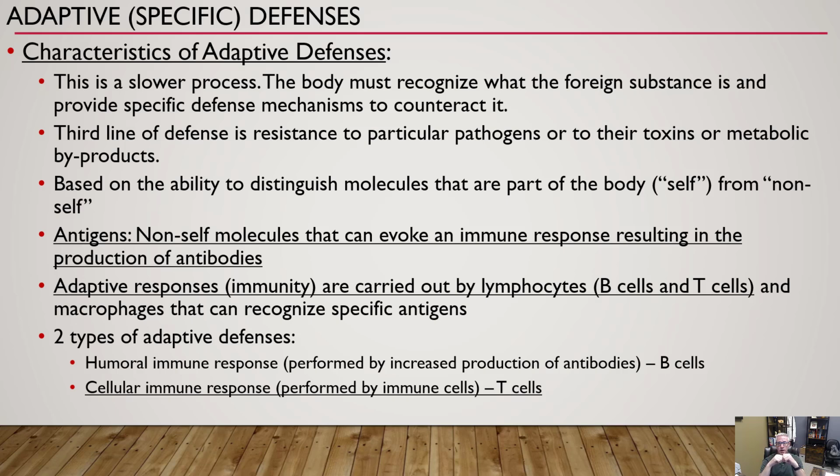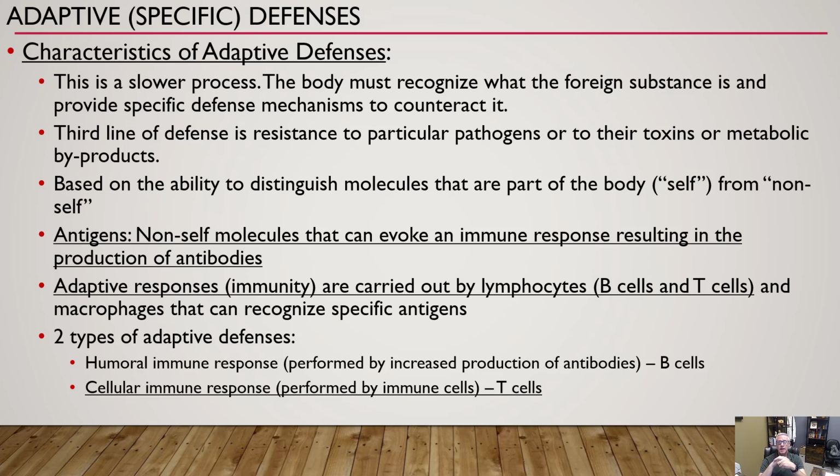It knows that our insulin that the pancreas produces is a self molecule. Our glucose molecule is a self molecule, or our hemoglobin is a self molecule. Our thyroid hormone is a self molecule. But a bacteria that is introduced into our body, that's a foreign substance. That is a non-self molecule.